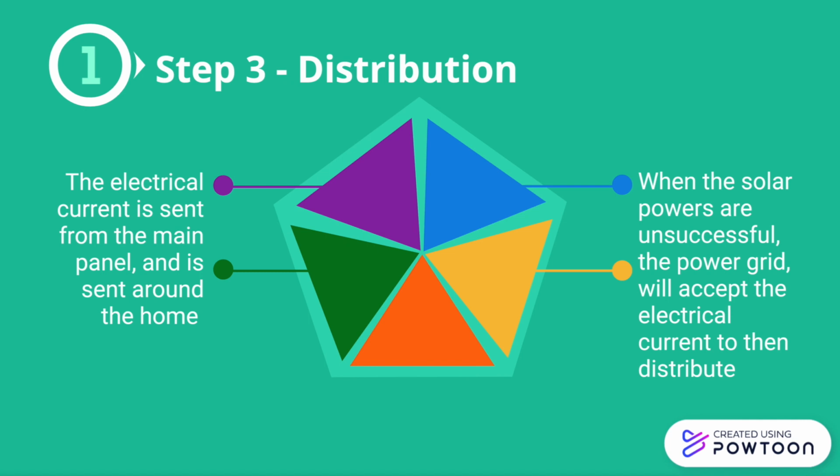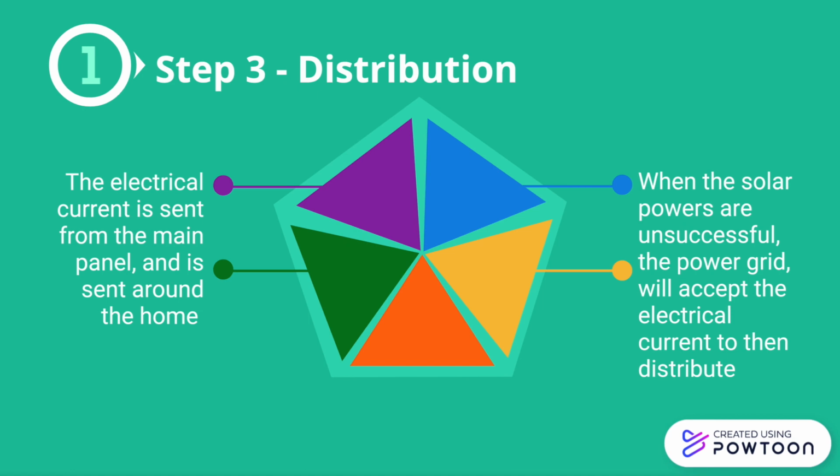Then when the solar power is unsuccessful, the power grid will accept the electrical current to then distribute. And what this means is that if the solar panels don't function properly, which actually happens quite a lot, then the power grid will do the same work. The power will go through there and will be distributed properly, going on from there.